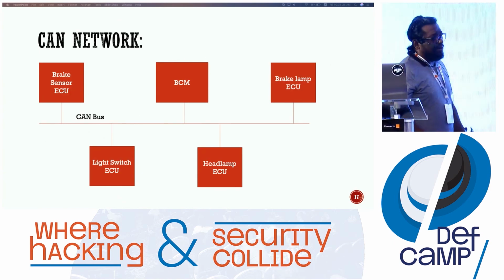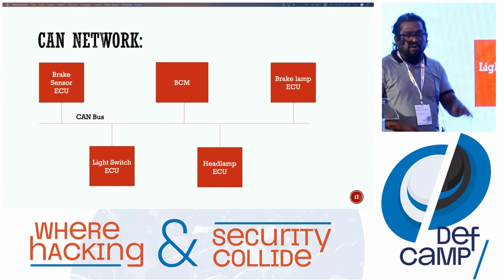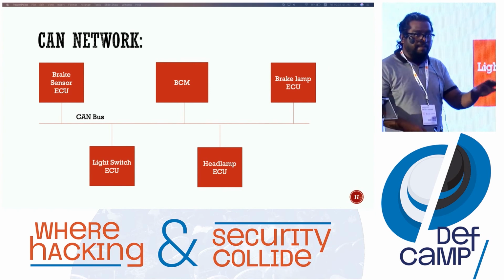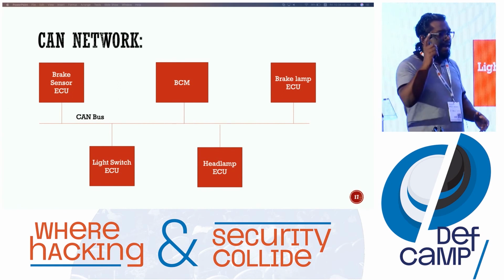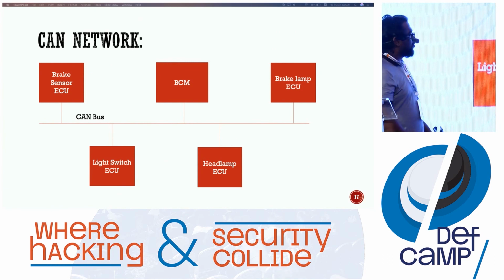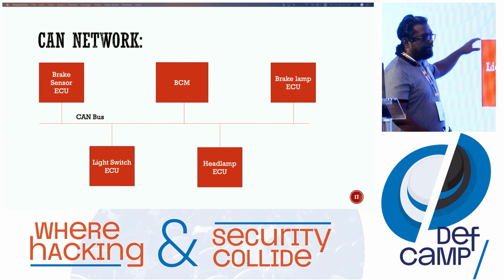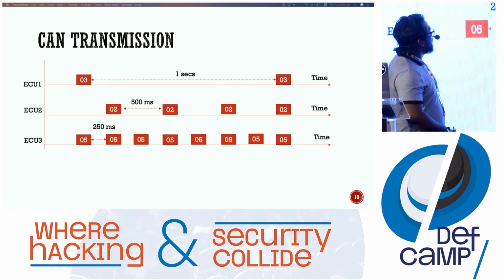If you want to reverse engineer a particular event like the brake, headlamp, side indicator, or RPM, we need to find out the arbitration ID.